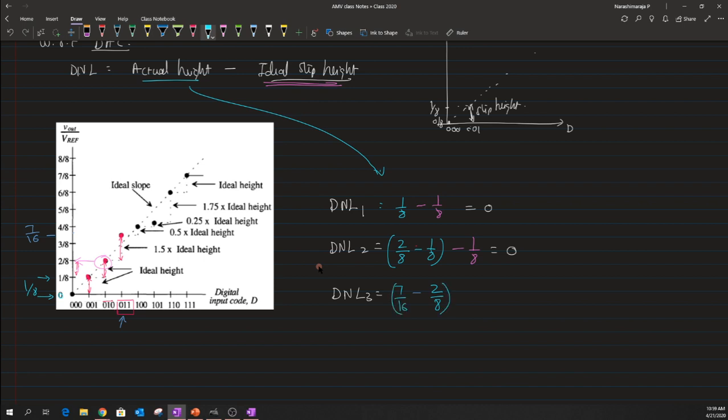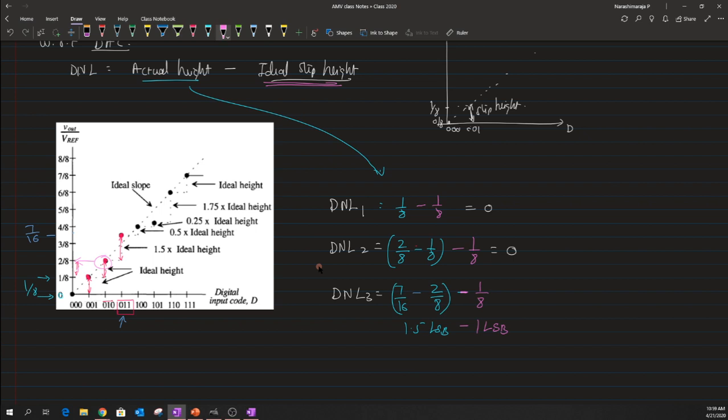And this is equal to 1.5 LSB. Whereas the ideal step height is always equal to 1 LSB. So this 1 by 8 is nothing but our 1 LSB. Either I can write it in terms of LSB or in terms of analog value, something like this.